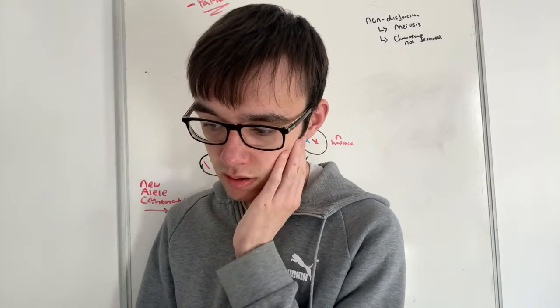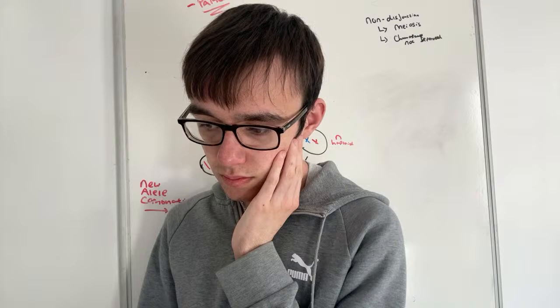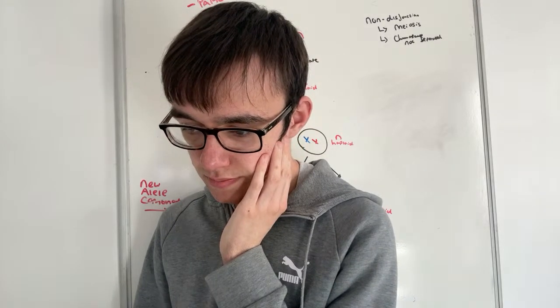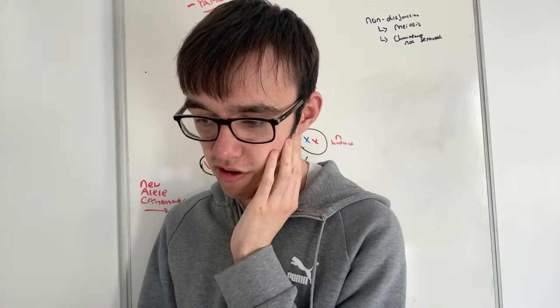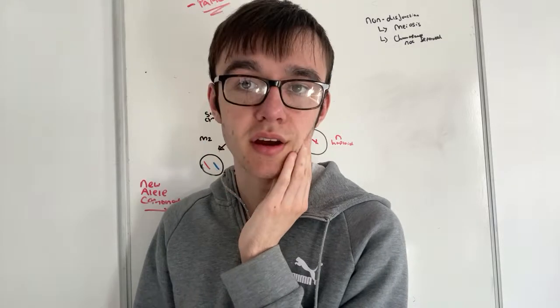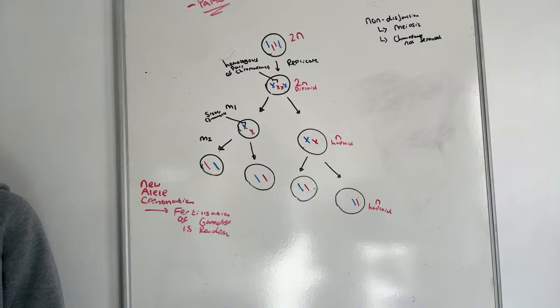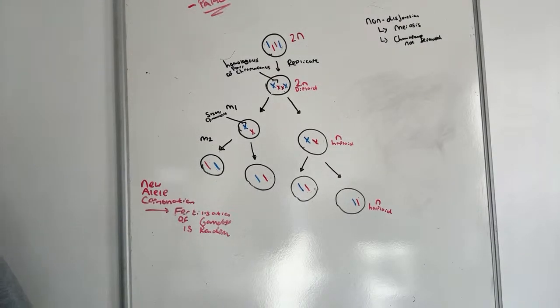So, the daughter cells are genetically identical in mitosis. The daughter cells are genetically different in meiosis. Cool. So 2 marks. Yeah? How many marks was that question? 2. Yeah, cool.